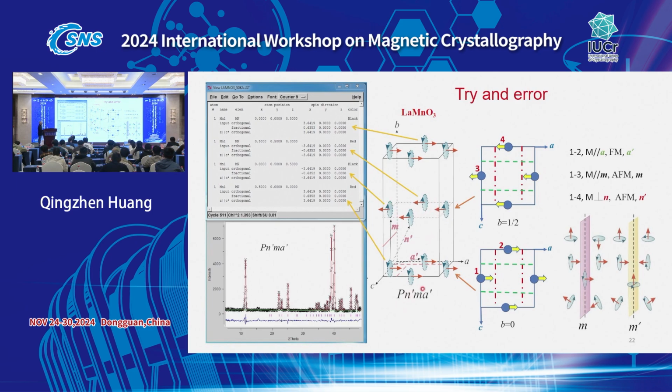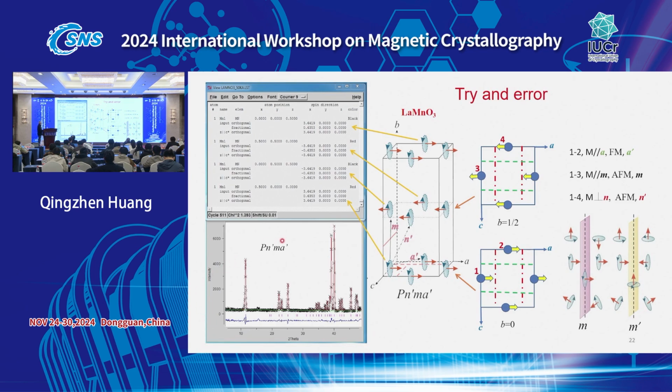Each layer is ferromagnetic, and the second layer is antiferromagnetic. And where does this antiferromagnetism come from? It comes from the operation of this space group, because you have body-center relations from 1 to 4 and from 2 to 3. We can assume this is one of the structure models.